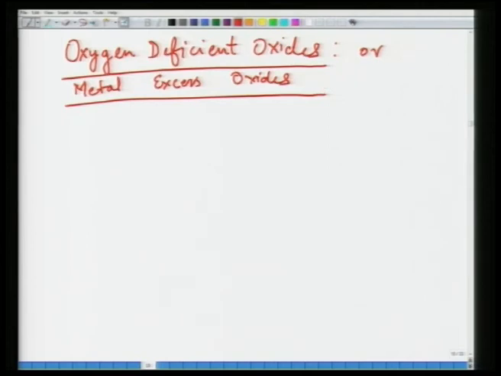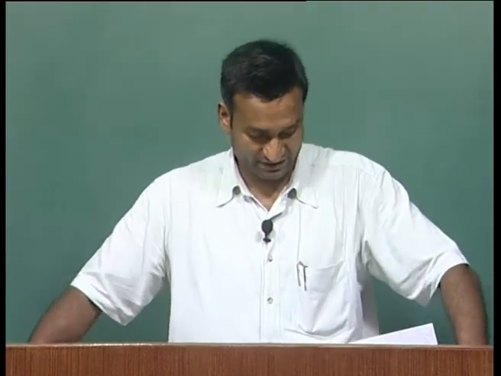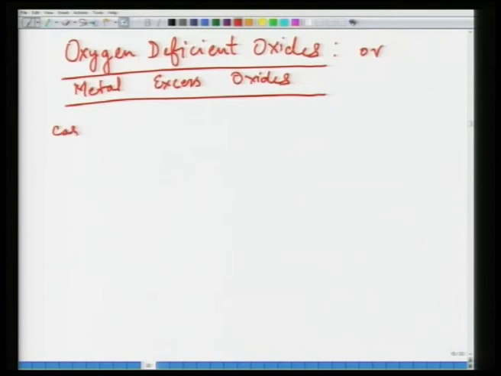Formation of basically oxygen vacancy or metal interstitial both is likely, and typically formation of these vacancies occurs mainly at the surface. So, let us say case 1, when oxygen vacancies are the dominating defects.